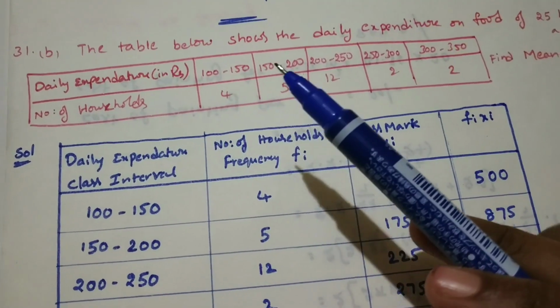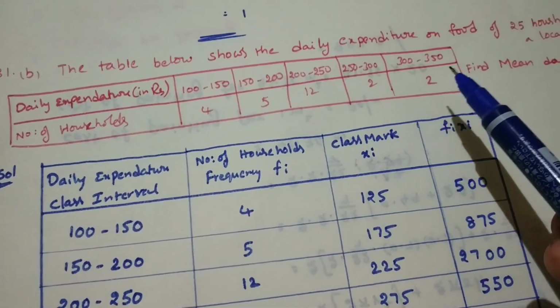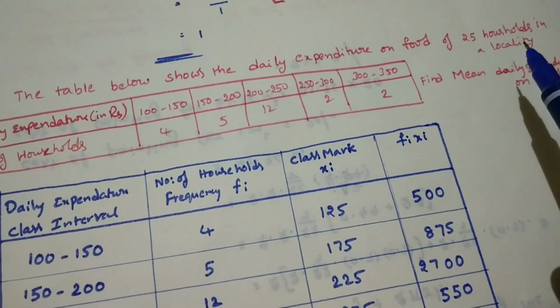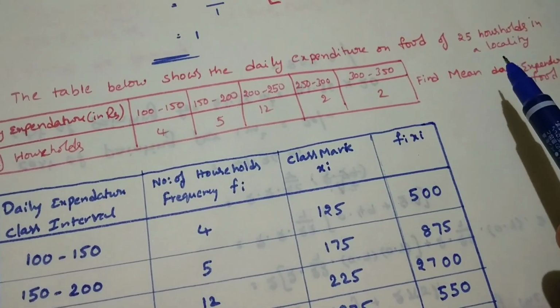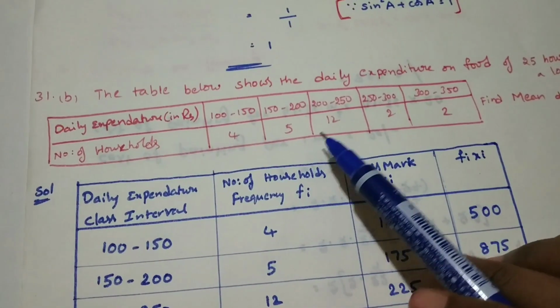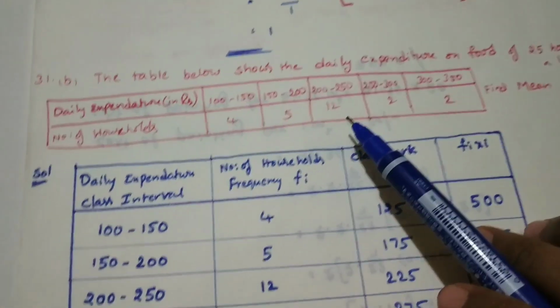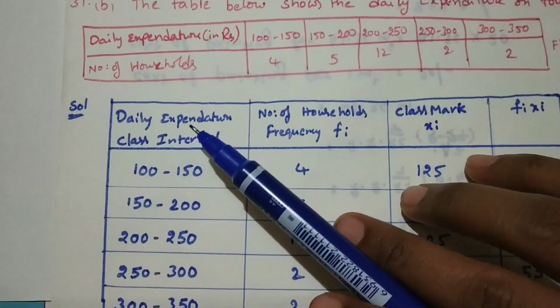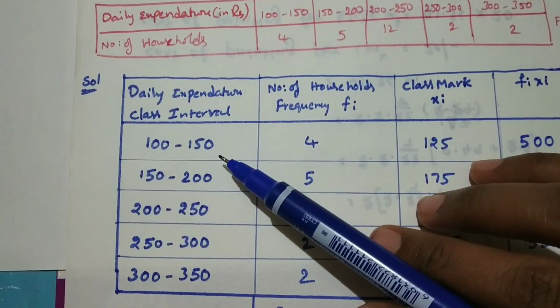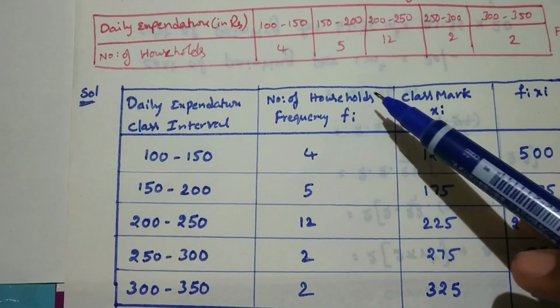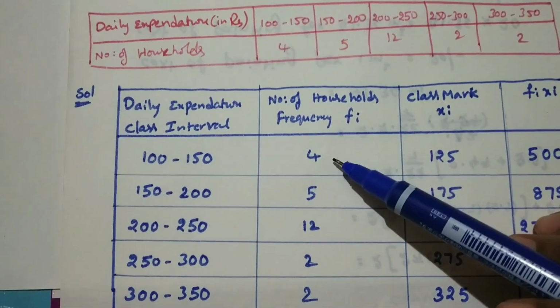31 question B. The table below shows the daily expenditure on food for 25 households in a locality. This is the table they given. For this one, find the mean daily expenditure on food. Daily expenditure is the class intervals, and the number of households is nothing but the frequencies.